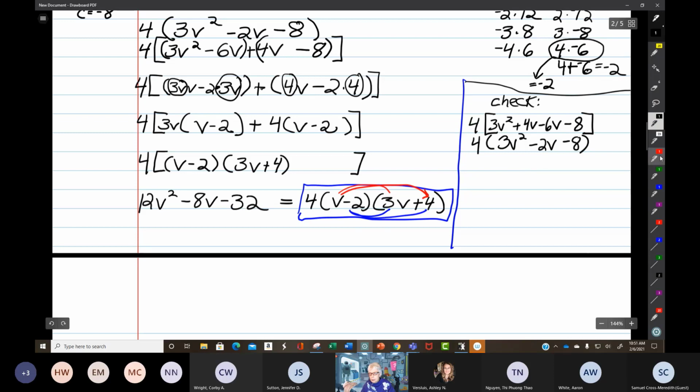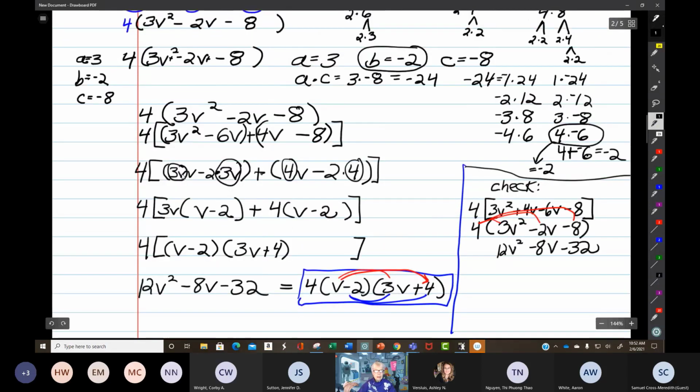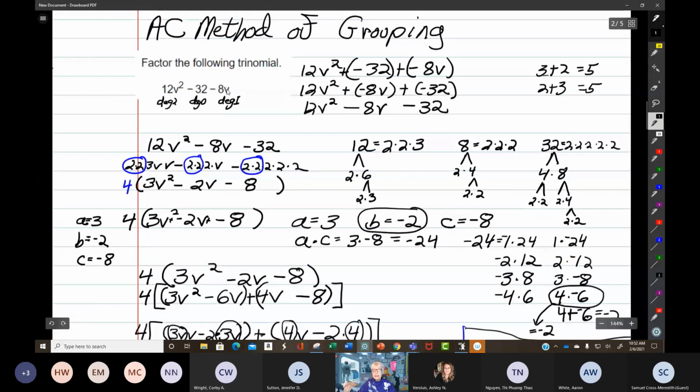And then I distribute in the 4. 4 times 3V squared, 4 times negative 2V, 4 times negative 8 is going to give me 12V squared minus 8V minus 32. So yes, and it's even more correct than the first line, because they, after all, are not in descending order, and I am.